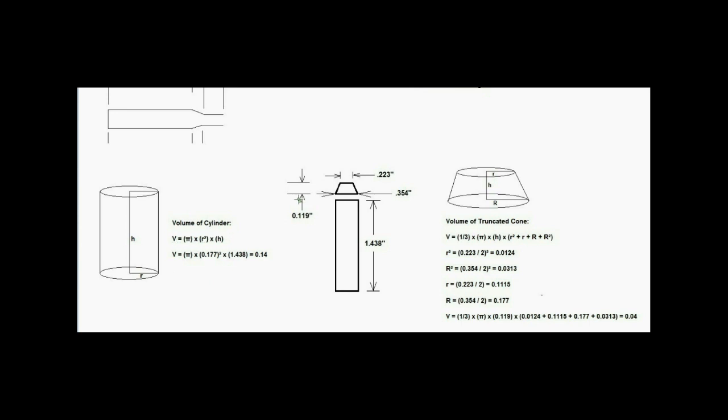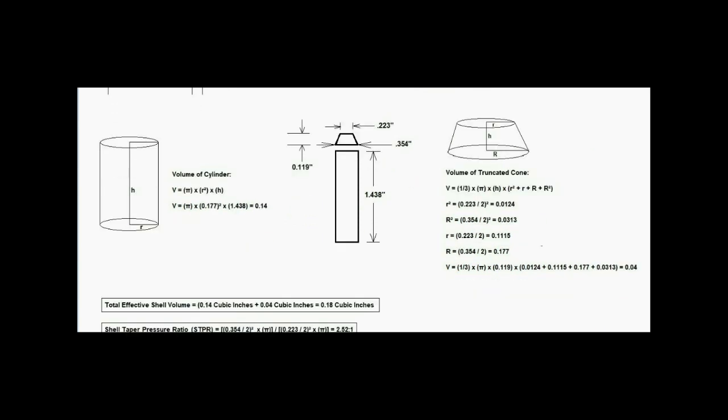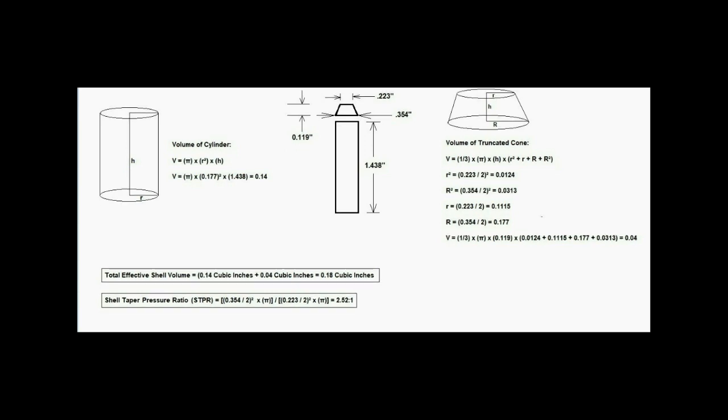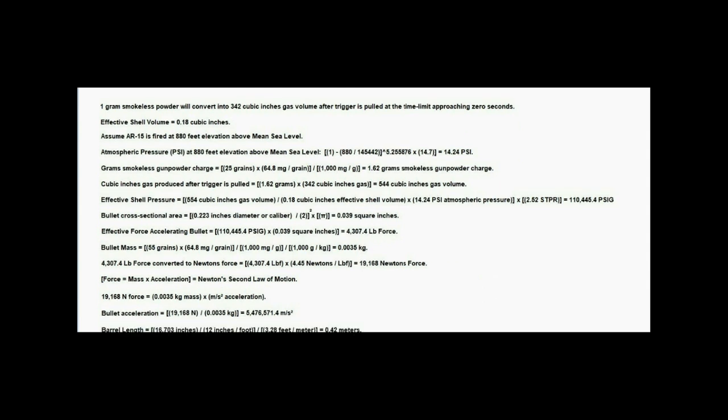So we take the dimensions of the cylindrical and conical shell structure and we make the calculations. So this then yields a total effective shell volume equal to 0.18 cubic inches and a shell taper pressure ratio equal to 2.52 to 1. So now we have all the information to complete the analysis, points 1 through 9.